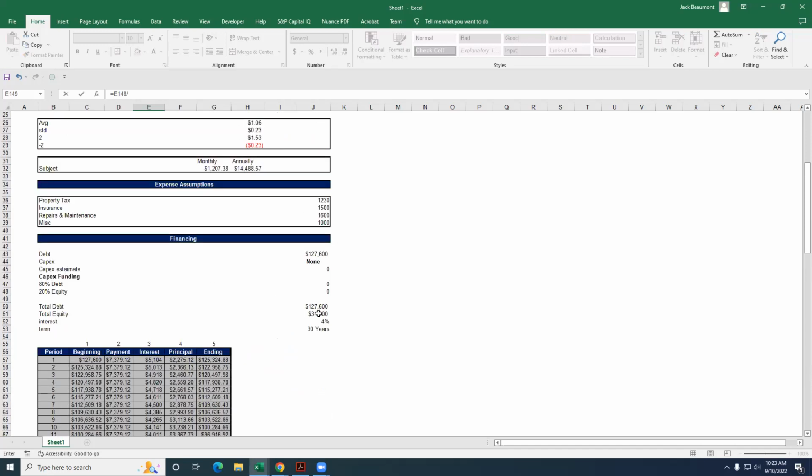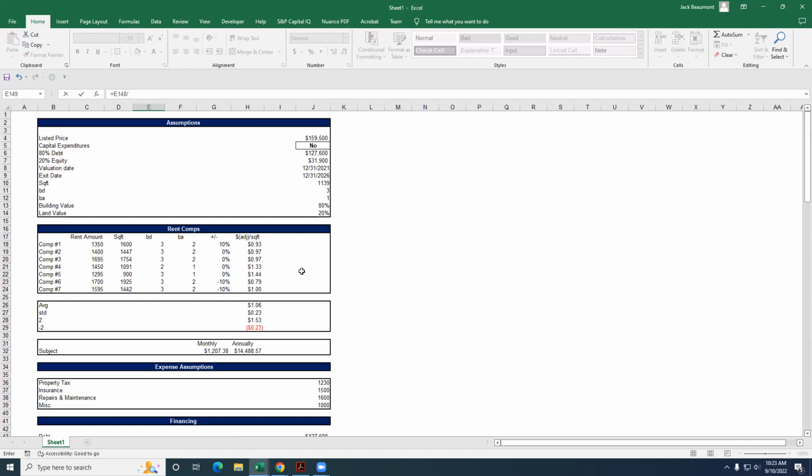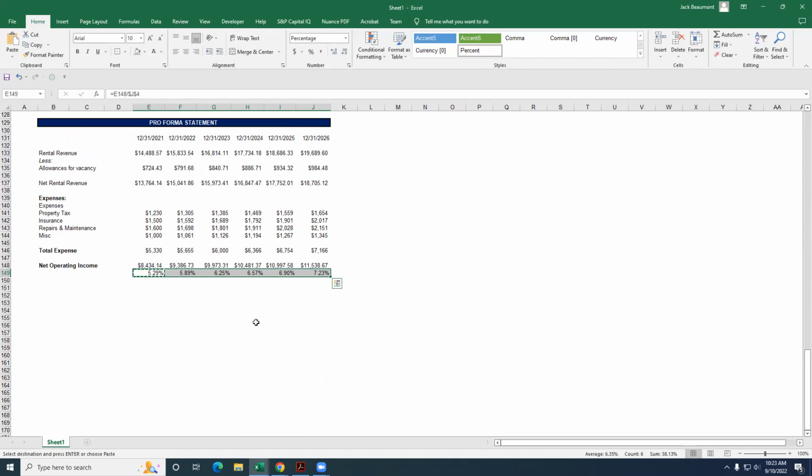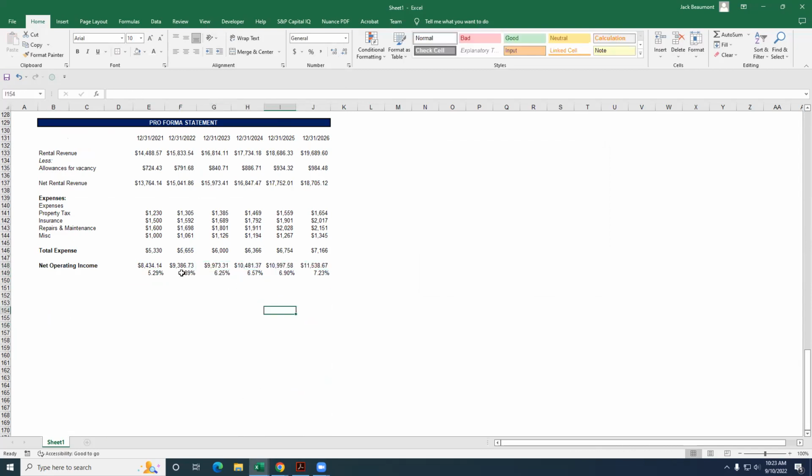So we get what I could guess before, a 5% cap rate. Let's copy this across and see that our cap rate's actually increasing here because our income's increasing. That's assuming that property value doesn't change. It's based off of the initial purchase price.